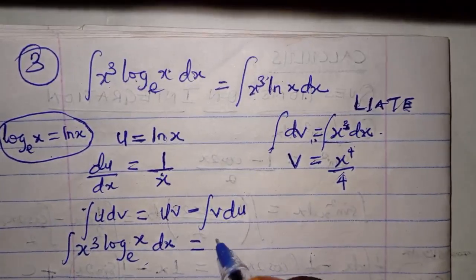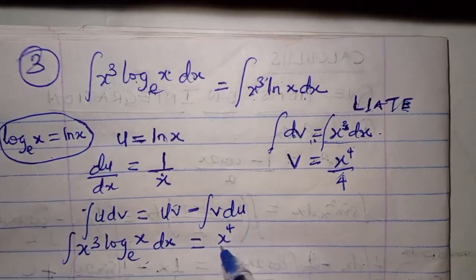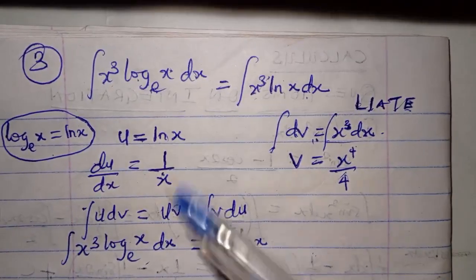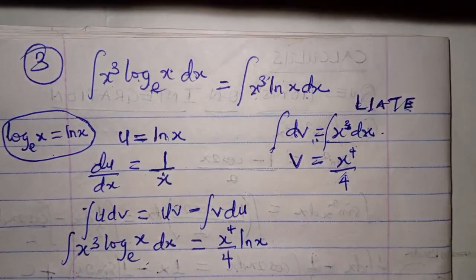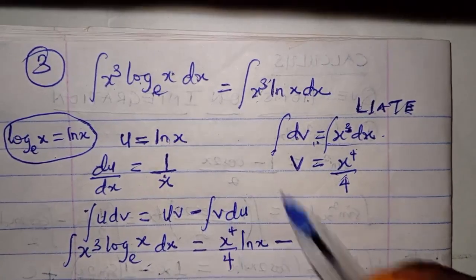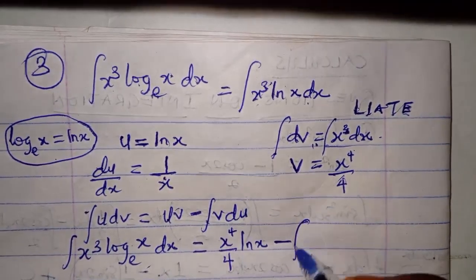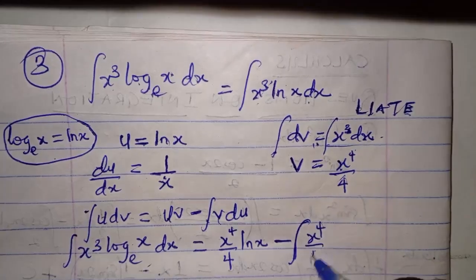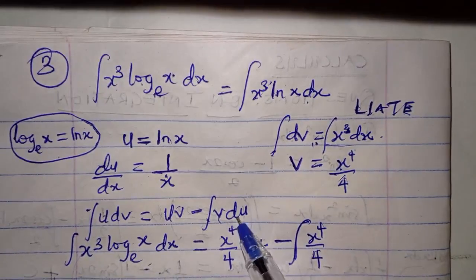So we have x raised to the power 4 all over 4 times ln x, right? That's the product of u and v, minus the integral of v, the same x to the fourth all over 4, du.